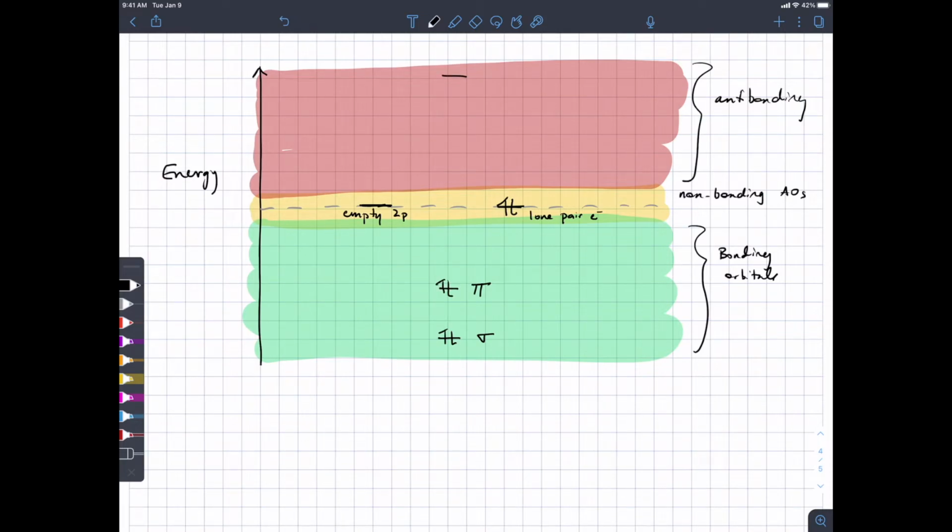Similarly, most of the sigma bonds, carbon-carbon or carbon-hydrogen sigma bonds, are going to have corresponding sigma star anti-bonding orbitals that are quite high in energy. Almost never will the LUMO be a carbon-hydrogen bond. And the pi star will always be lower in energy than the sigma stars.